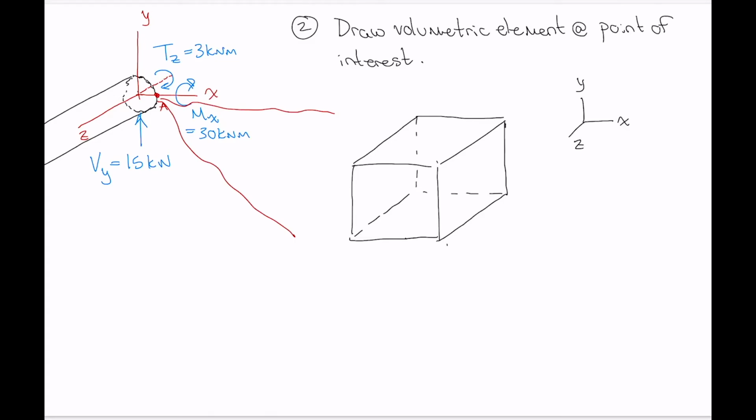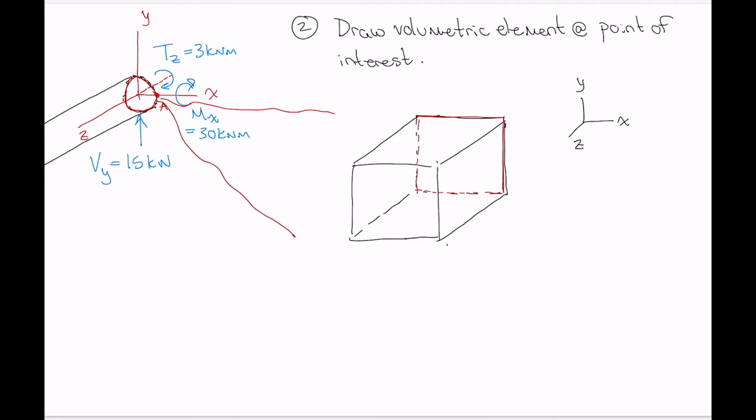Now the next important thing to do is identify which face of this element is in the section plane that we've cut. It's that back face there that is in the section plane that we've taken. The rest of that element projecting forward along the z-axis projects into the body of that rod. So the back face of that element is in the same plane as the cut face of our object here.